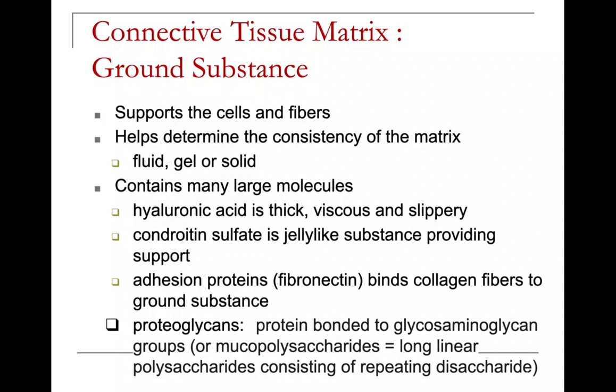Chondroitin sulfate is a jelly-like substance that also provides support. We can have adhesion proteins like fibronectin that bind the collagen fibers to the ground substance. Proteoglycans are proteins bonded to glycosaminoglycan groups. They make up mucopolysaccharides, which are long linear polysaccharides with repeating disaccharides.